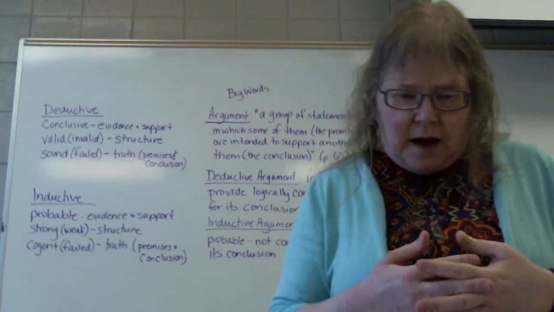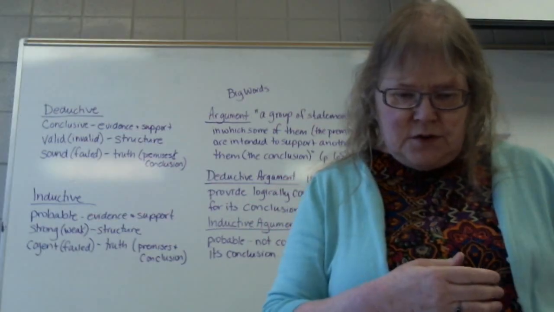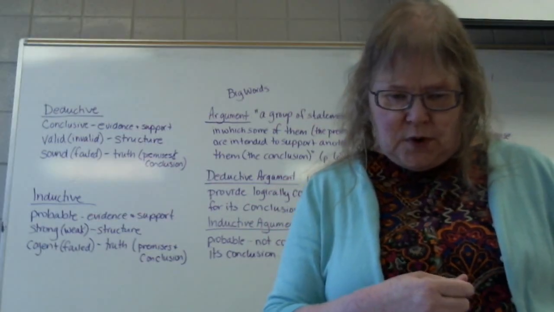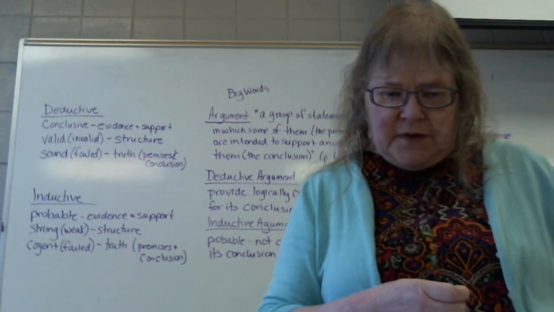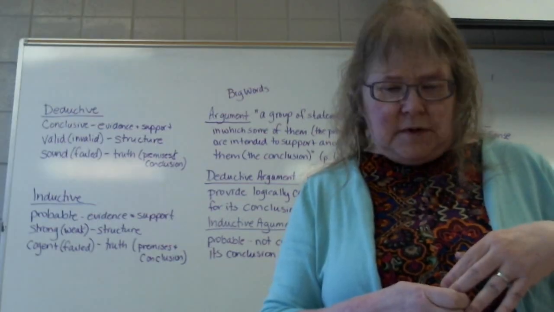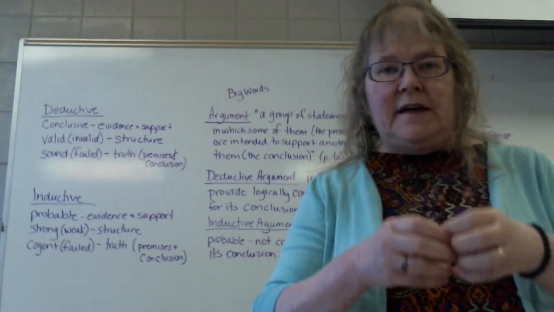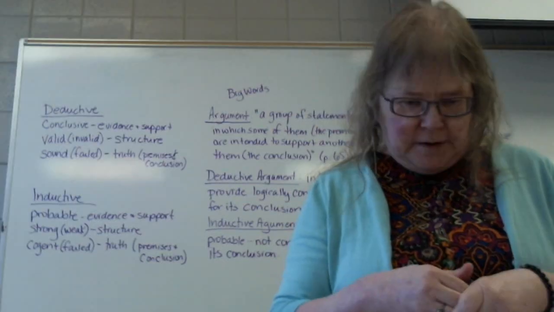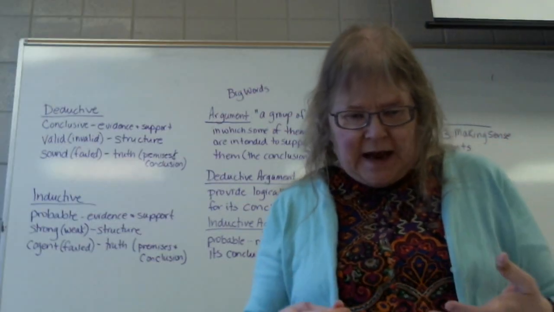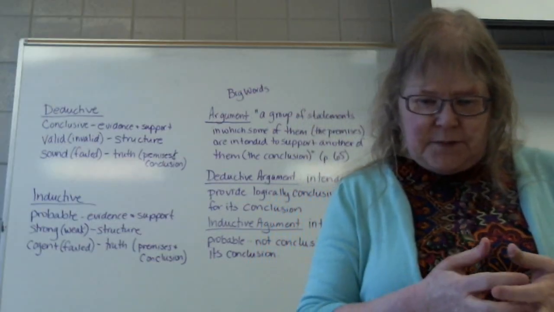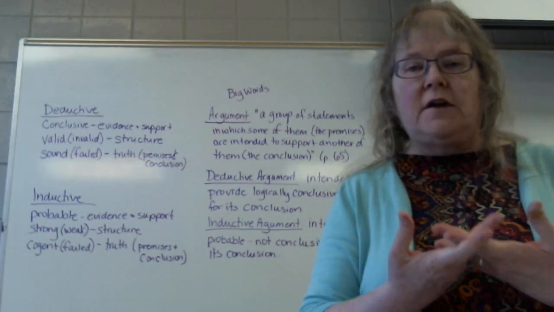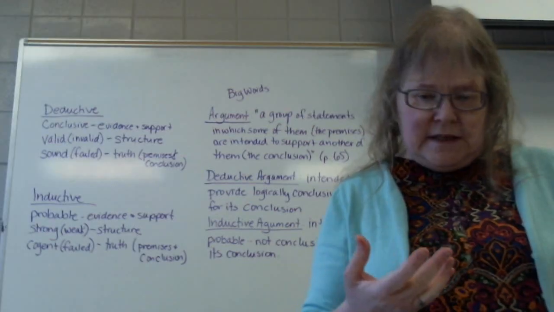Okay. If your answer to the first question is no, if the premises being true doesn't guarantee the conclusion, move on to step 3. If it breaks down at any point, move on to step 3. Step 3 is to ask, is it the case that if the premises are true, then the conclusion is probably true? So we're looking at inductive.